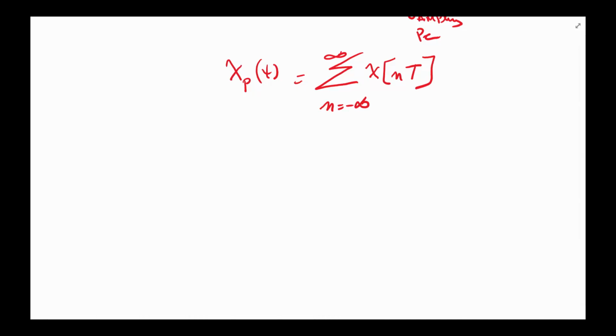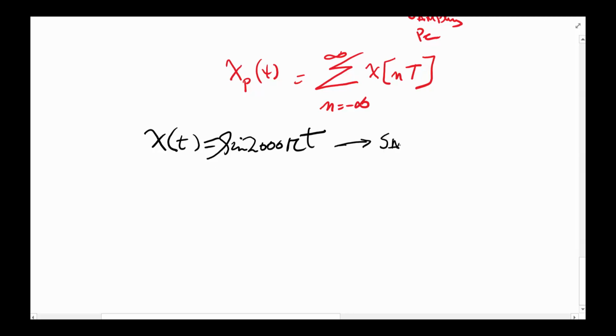Let's say somebody gives us a signal, x of t equal to sine of 2000 pi t, and they want us to sample it. They also say, tell us if you sample it at a sampling period T equal to 0.5 millisecond. So we want to sample it every half a millisecond.